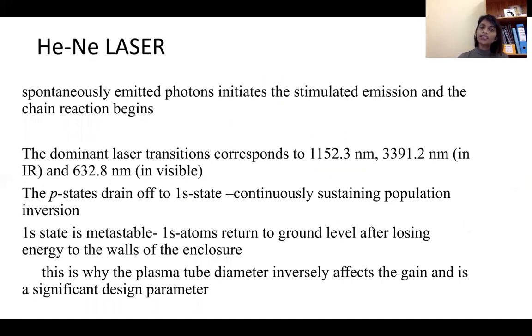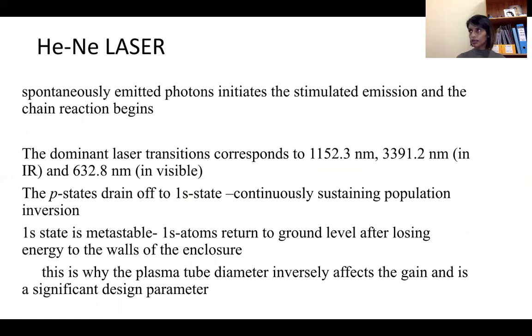The spontaneously emitted photons, as I told you, even in the neon, when they start lasing, initiate the stimulated emission because they are not allowed to escape directly.